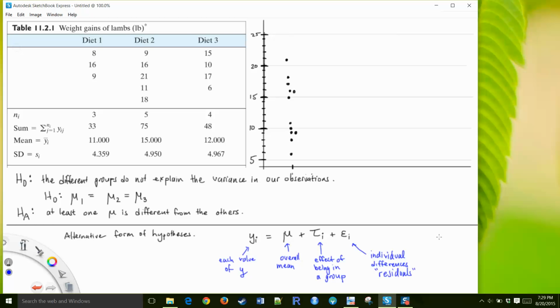Under this form, it's very similar, except rather than saying this is the average for men and this is the average for women, we say here's the average for all people. The average height of all people in the US maybe is 5'7". I'm kind of making that up. And if you are male, by virtue of being male, we're going to add 3 inches so that your group average is now 5'10". Whereas if you are female, we're going to subtract 3 inches so that your group average is now 5'4". And then plus individual differences.